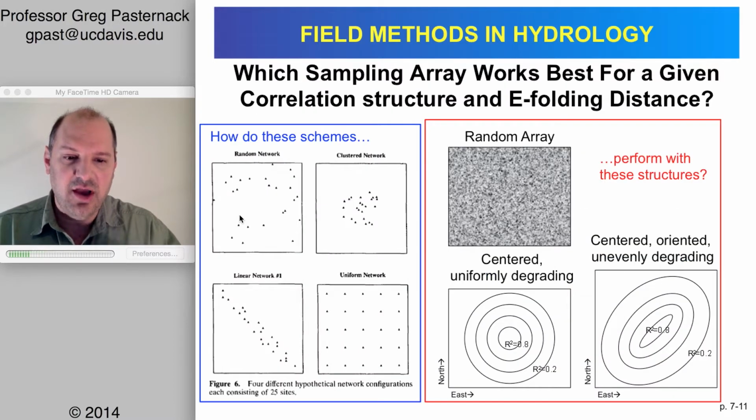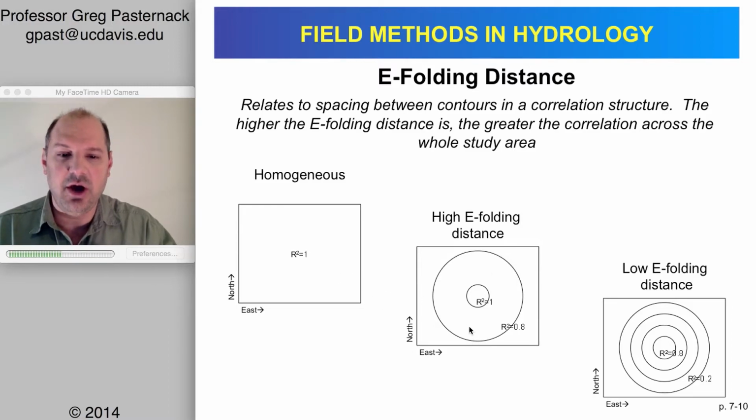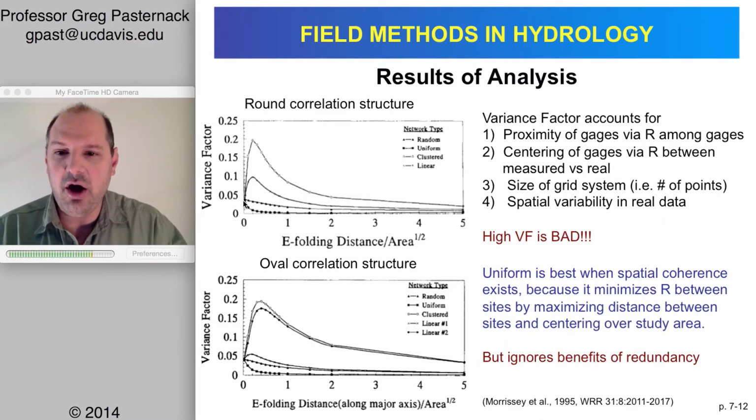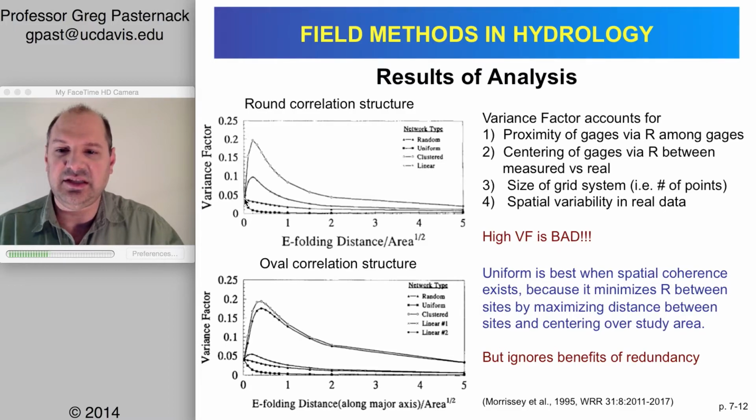Of course, for a very low e-folding distance where everything is highly correlated, again, as you tend towards homogeneous, it doesn't matter what sampling method you use. So they all converge on a very similar variance factor if the e-folding distance is very small. But as that grows, we get a very strong differentiation where the clustered approach is far worse than anything else.